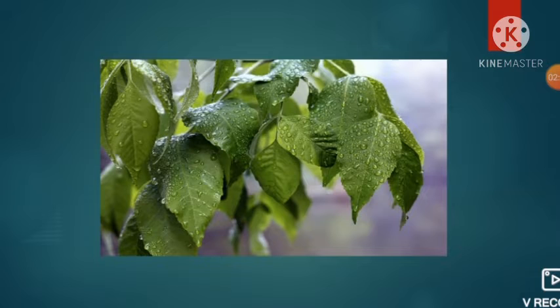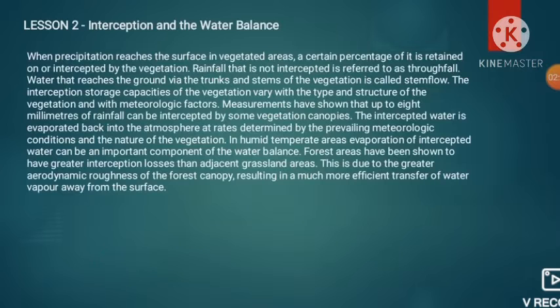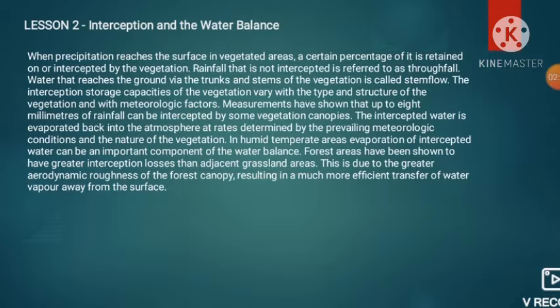Lesson 2. Interception and the water balance. When precipitation reaches the surface in vegetated areas, a certain percentage of it is retained on or intercepted by the vegetation. Rainfall that is not intercepted is referred to as throughfall.